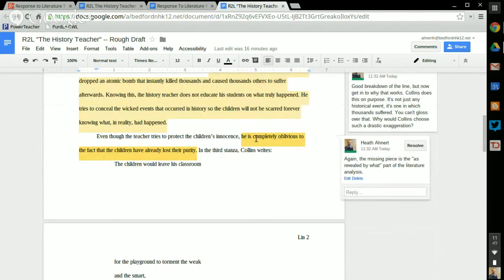So she should change it to say that he's completely oblivious to the fact that children have already lost their purity, and something along the lines of how we know he's oblivious because of the scene that has been set. And as soon as I use that word scene, if I use a word like characterization, juxtaposition, metaphor, simile, imagery, as soon as I use one of those literary words, then I know that the student is making a literature analysis as opposed to just a good comment. It's a good comment, it's just not connected to the poem.